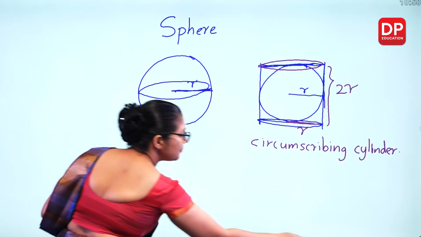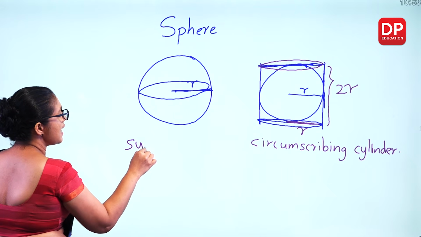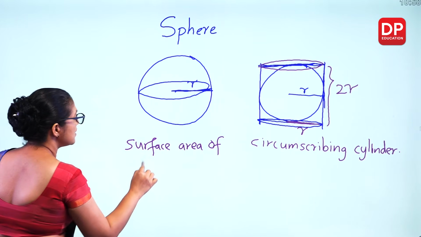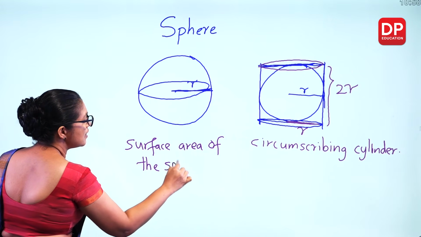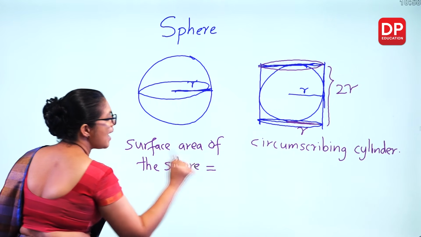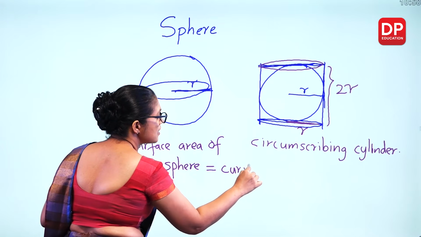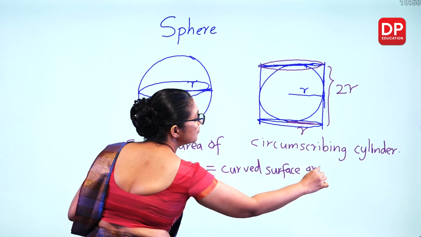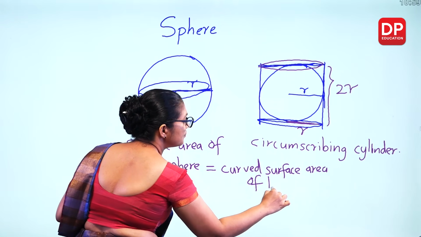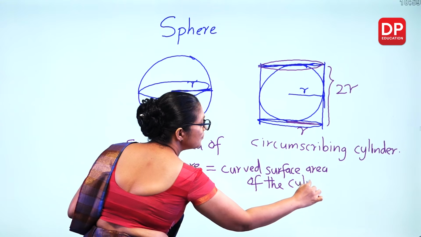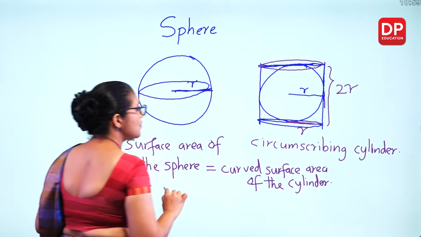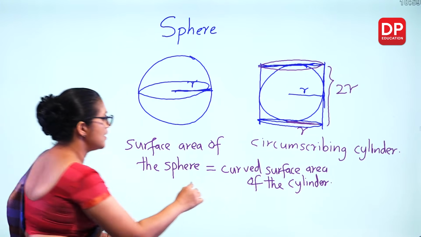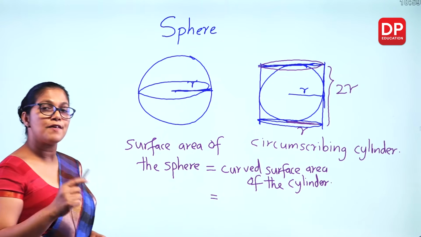So he found the surface area of the sphere is the same as the curved surface area of the cylinder. So how can we find the surface area of a sphere? We can use the curved surface area of the cylinder.